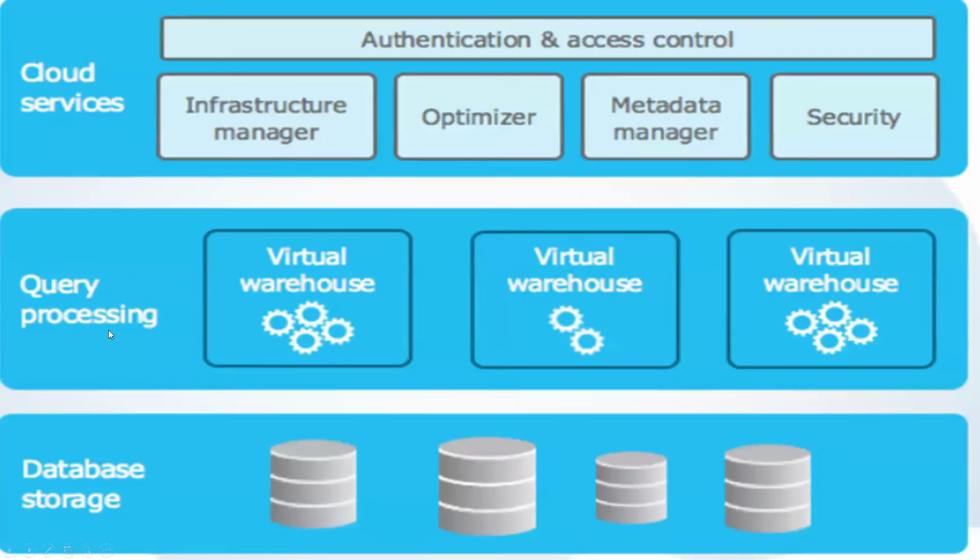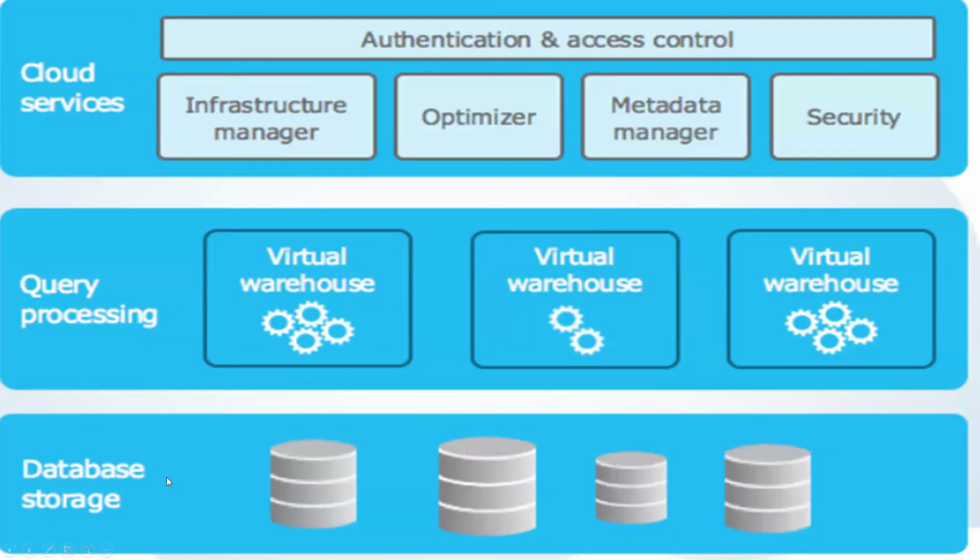And if we talk about this query processing layer or database storage layer, if I have 3 million records or 3 petabytes of records, I can easily store them. I can increase my storage capacity, but I don't need to increase my compute at the same time.